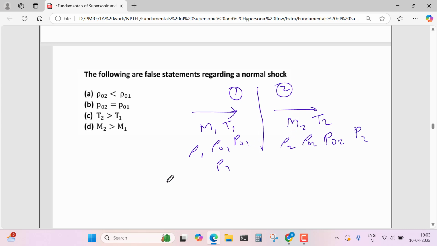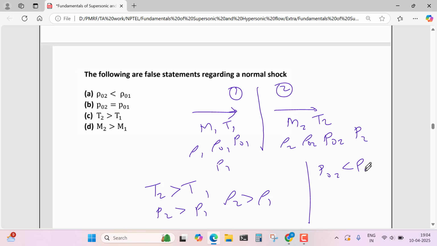So we should know that T2 is always greater than T1, temperature increases, pressure also increases, density also increases, but total pressure decreases, total density decreases, and Mach number also decreases.